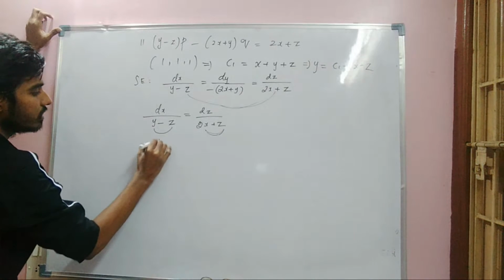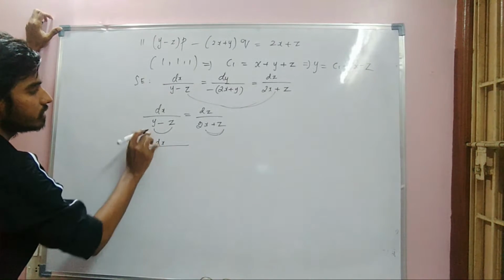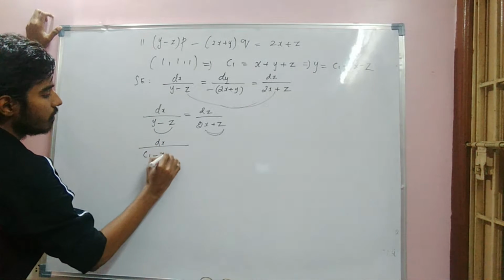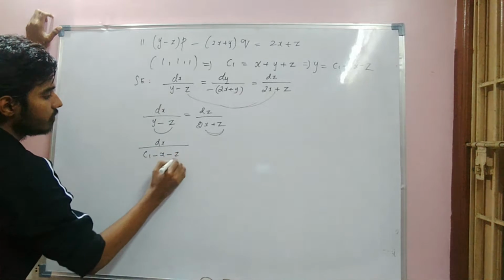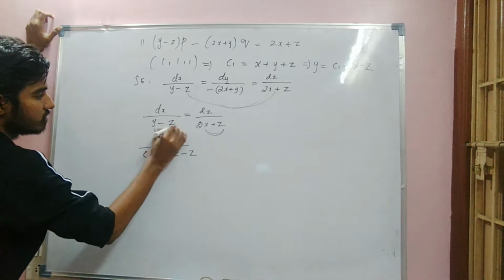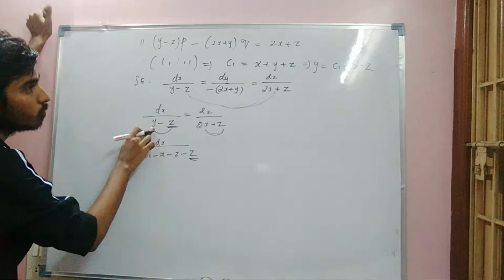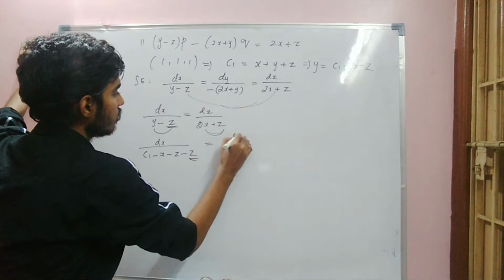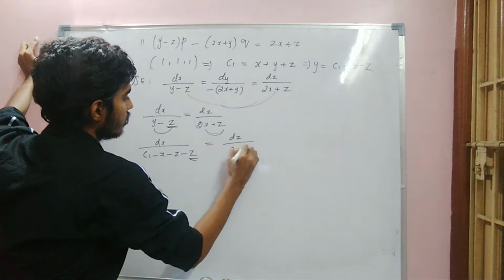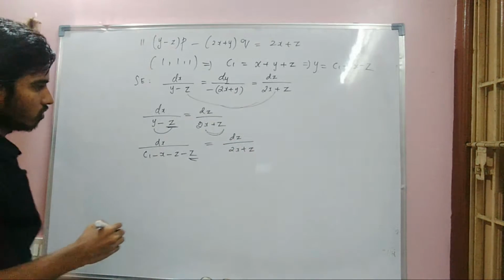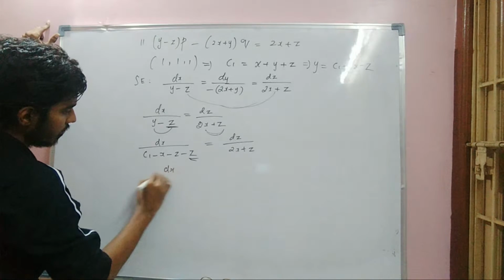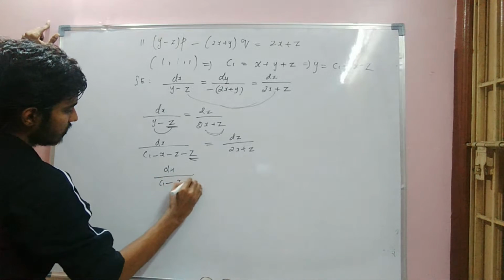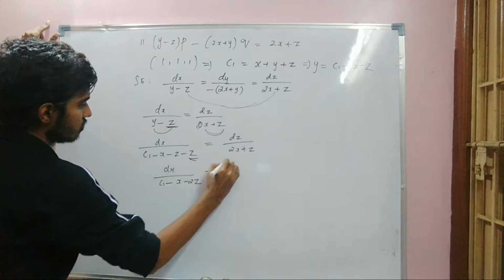So I replace y with c1 minus x minus z here as it is, and here we have dz divided by 2x plus z. So here we have dx divided by c1 minus x minus 2z.